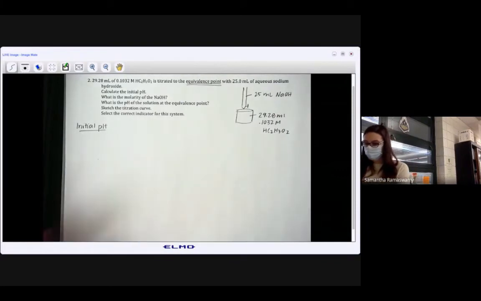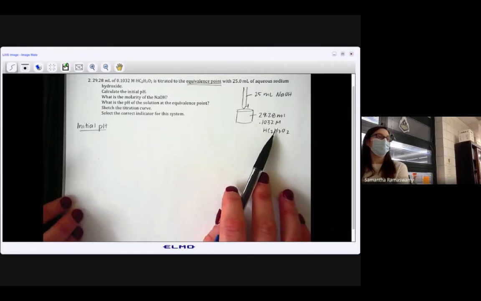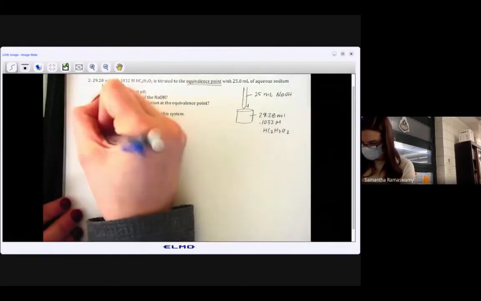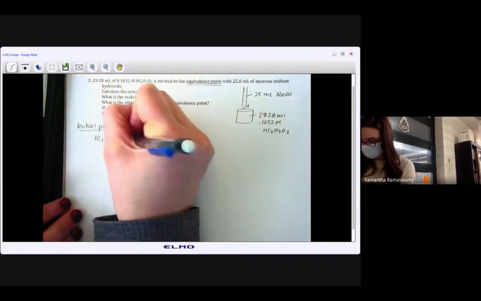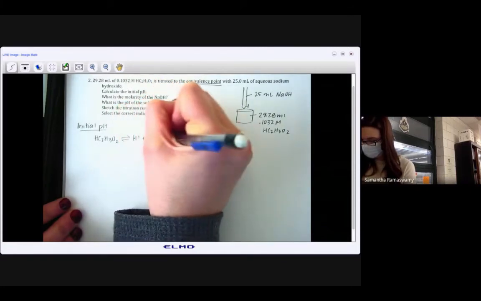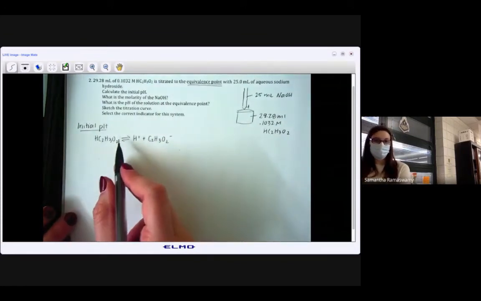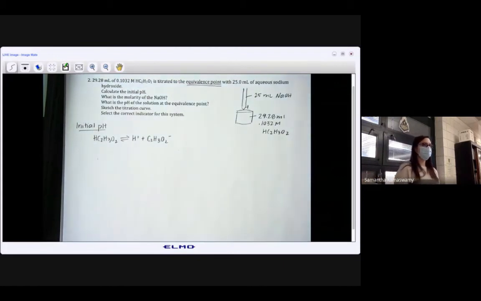The only thing in the beaker before sodium hydroxide was added was acetic acid, a weak acid. Because it's weak, it exists at equilibrium. If you want to say acetic acid plus H2O produces H3O plus and acetate, that's okay. This is just a shortened, simplified version.